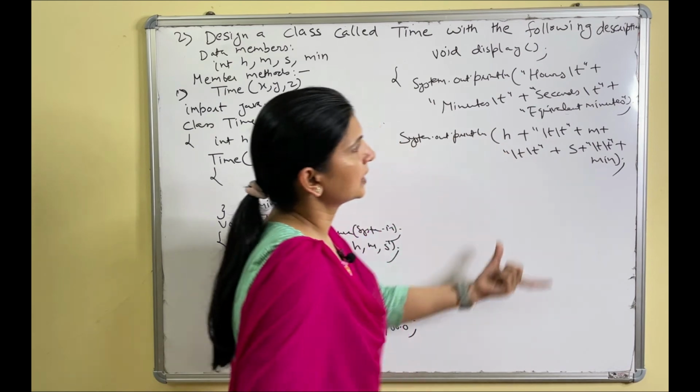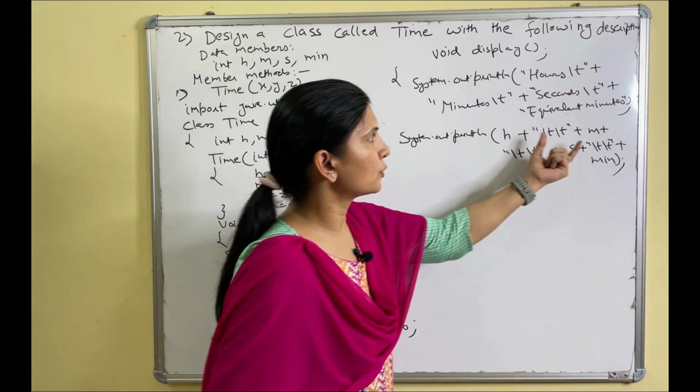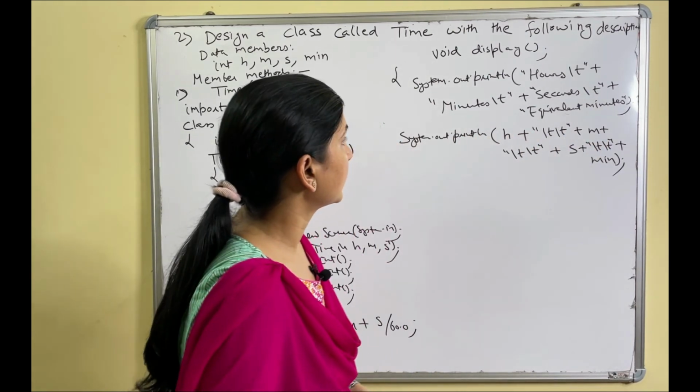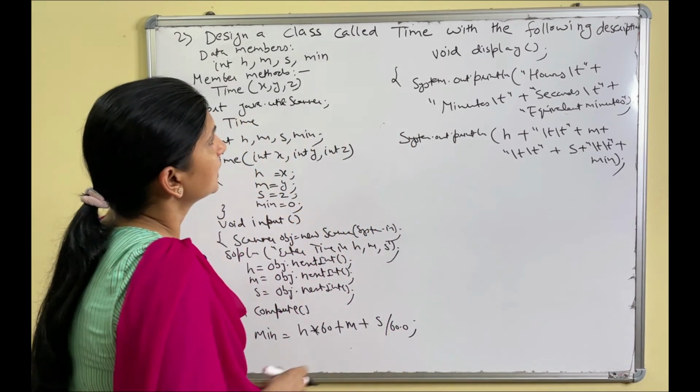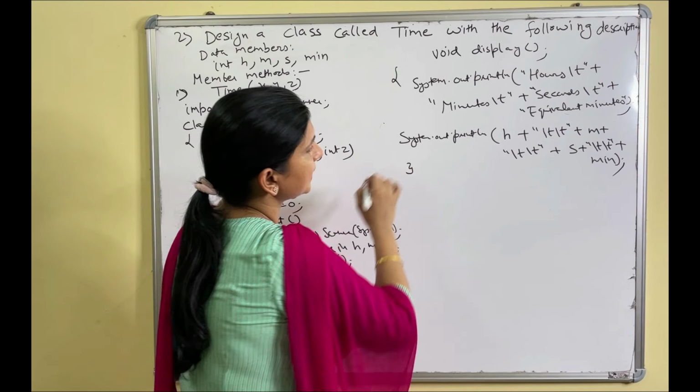So we have displayed the values again by using tab, right? So 2 tabs we have given here, and then display is closed.